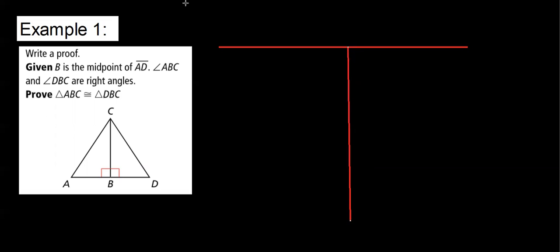Okay, so obviously step one here, write my givens. So I know that B is the midpoint of AD. And that is given to us. So we know that this point B is the midpoint of segment AD.